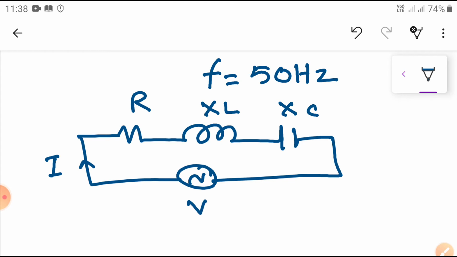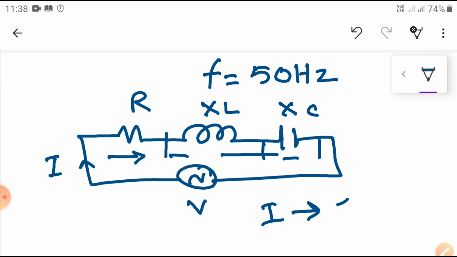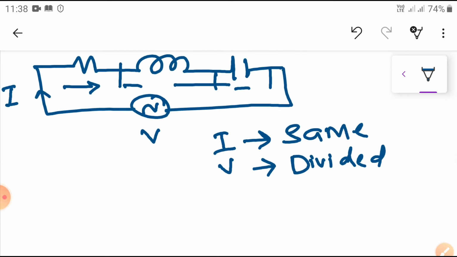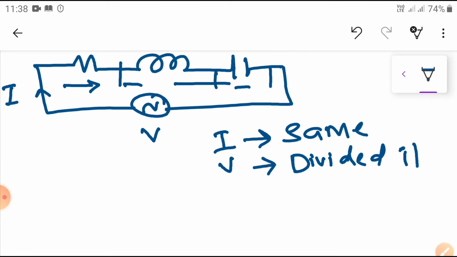The voltage applied is divided: the voltage across the resistance is different, across the inductor is different, across the capacitor is different. Current is the same, but voltage is divided based on its ohmic value.